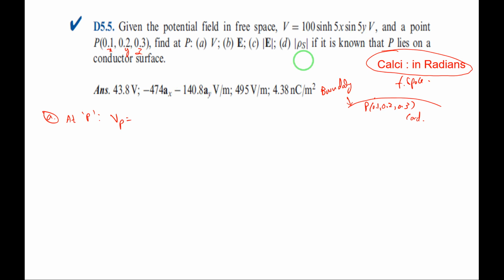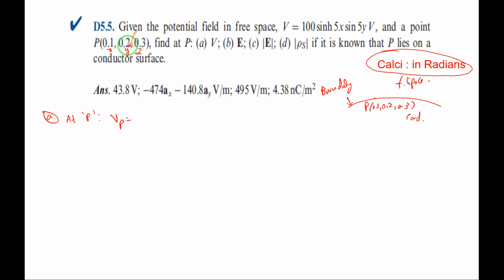Then next, 100 into hyperbolic sine. First press hyp on your calculator, then press sine. So I'm getting sine hyperbolic, open bracket, 5 into x. X is 0.1. The next, sine 5y into sine, open bracket, 5 into y.